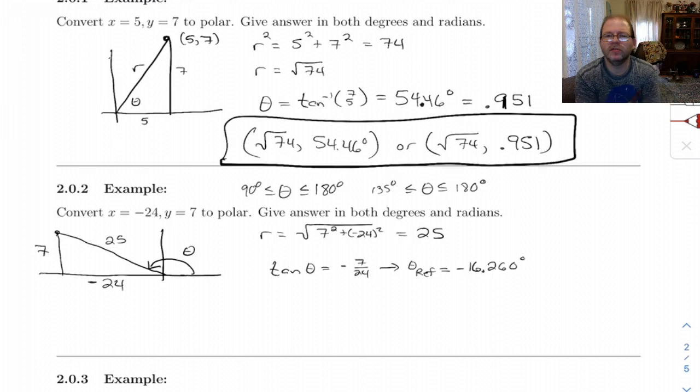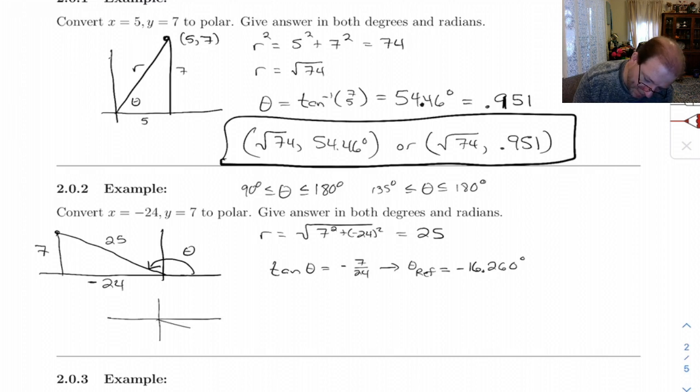And that makes good sense because, you know, when you take the arctan of something, arctan always gives you something in quadrant 1 or quadrant 4. So this is minus 16.260 degrees. All we have to do is add 180 degrees onto it to get into the correct quadrant.